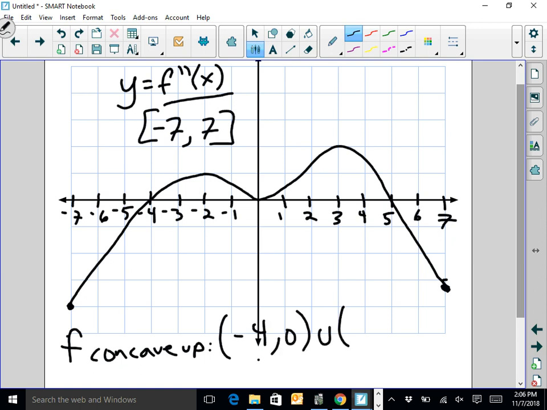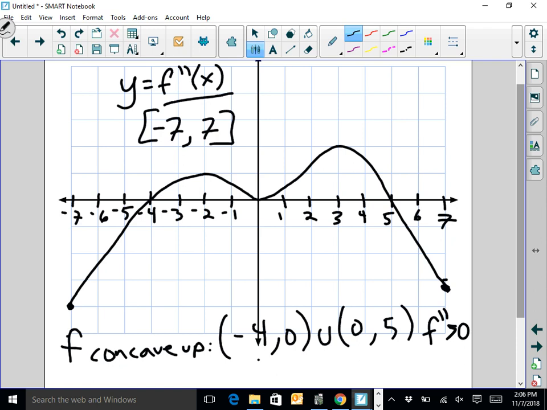Again, my justification, this is where F double prime is greater than 0. That was the first definition of concave up that we looked at. F double prime is positive. This graph is positive from -4 to 0, union 0 to 5.